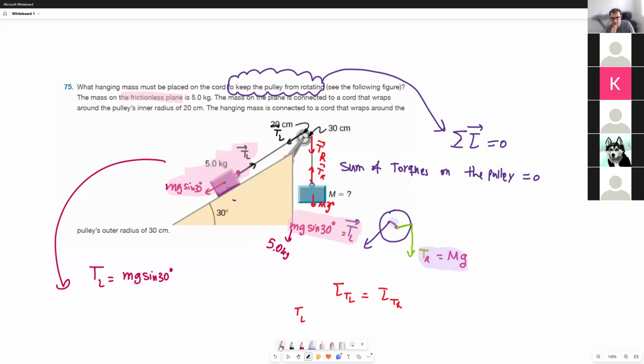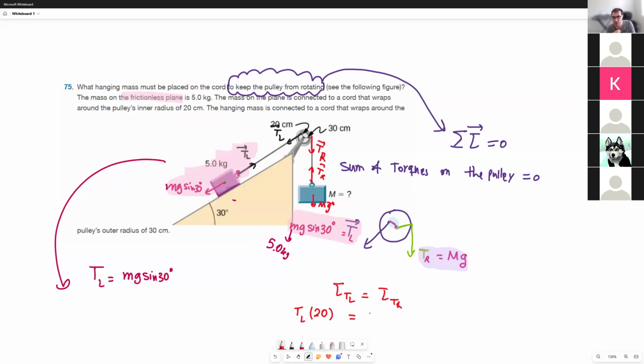How much is it? 20 centimeters. You can convert it to meters, but I'm not going to because everything is in centimeters. The units are going to cancel out.